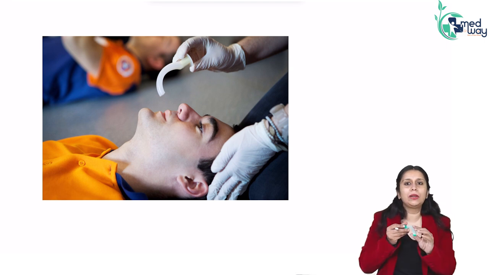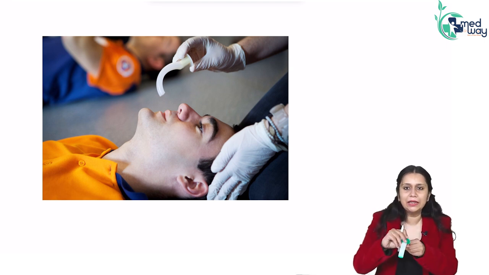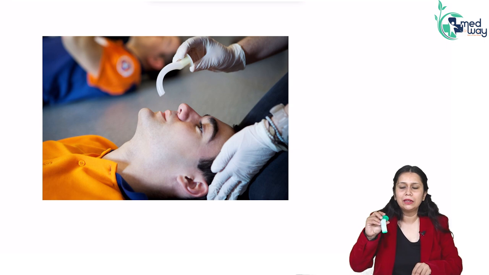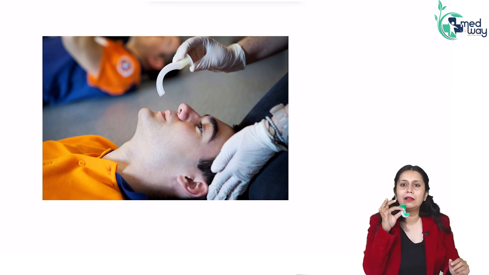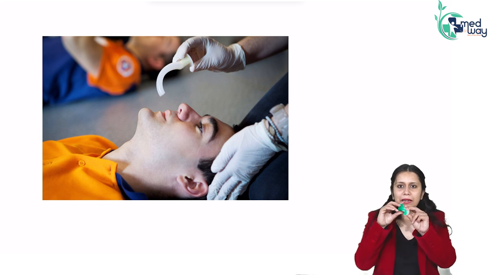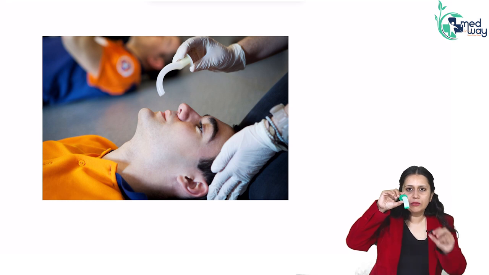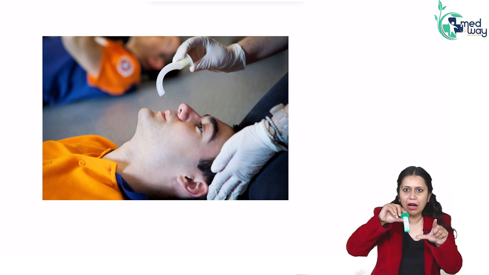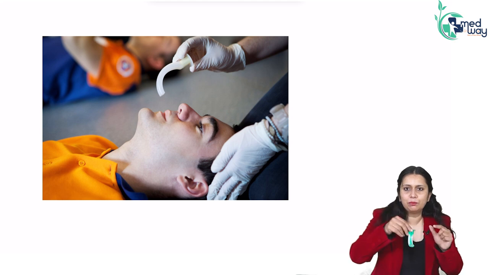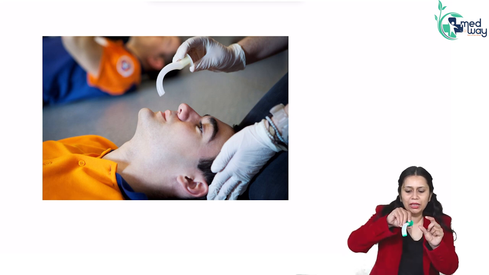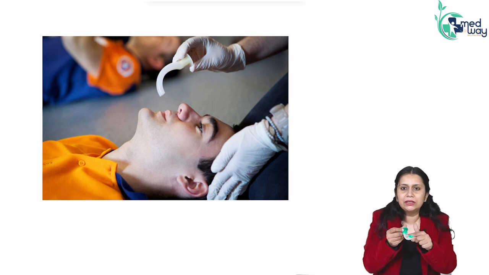The most common method of insertion is holding it in an upside down position. Then we open the oral cavity, insert half inside and then rotate it 180 degrees and then push it. When I rotate it 180 degrees, it lifts the tongue in its curvature and then I push it. This is the easiest way.